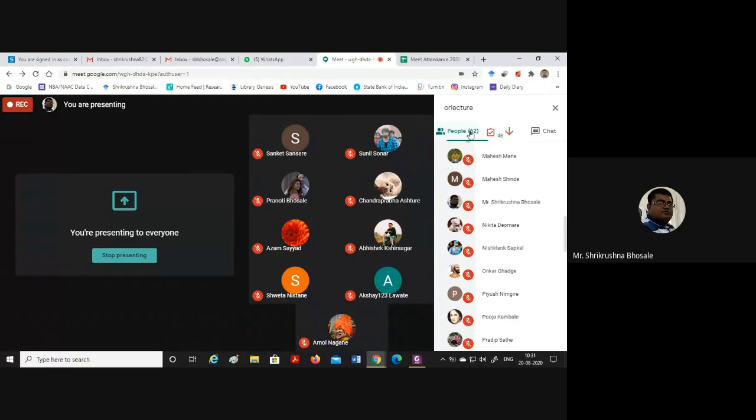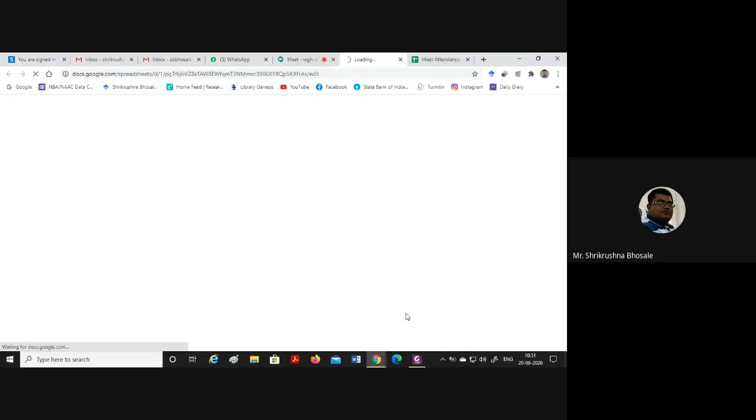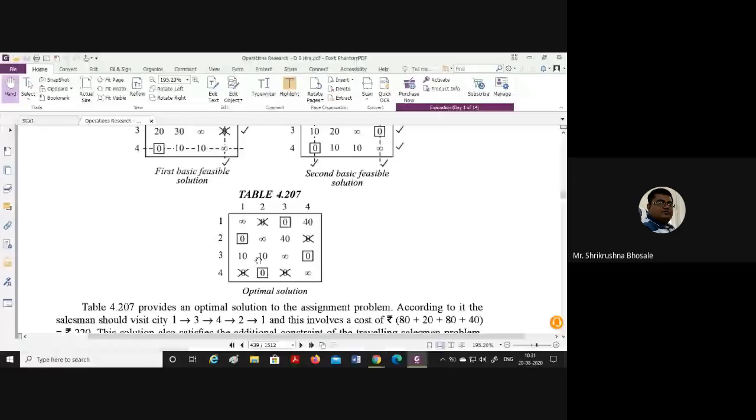I know that you have not understood this particular part, how those allocations are made. Whatever allocation is made, it is made by the cyclic route only. How is the cyclic route decided? Once he starts traveling from city 1, he will go to city 3 first.